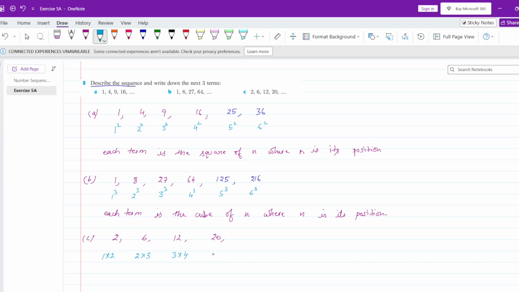This is the product of two numbers 4 times 5. So we can say the next two terms are going to be 5 times 6 and 6 times 7. So we can say the next terms are 30 and 42.